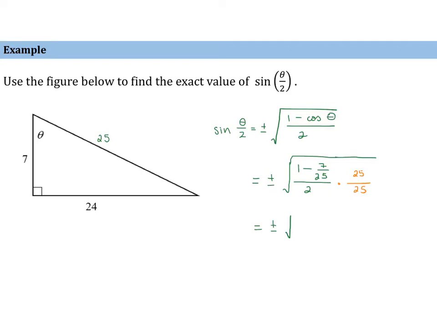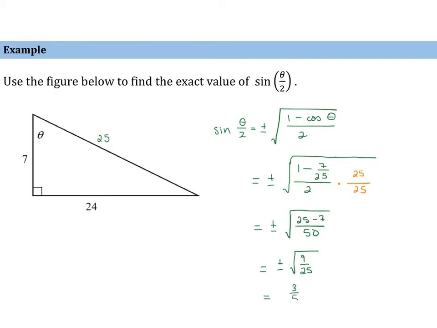And that yields for us 25 minus 7 over 50 for the radicand. Now 25 minus 7 is 18, and 18 over 50 reduces to 9/25. And now the square root of 9/25 is 3/5.